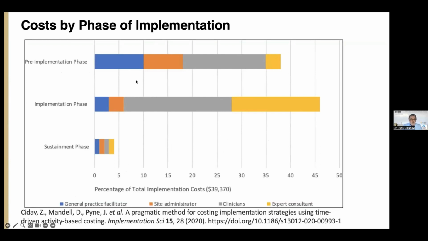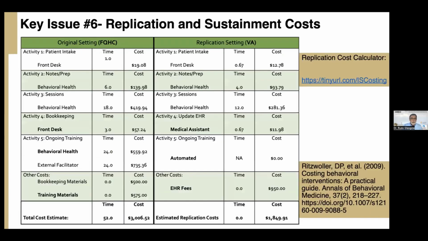The blue here is a practice facilitator. The orange is a site administrator there. The gray are different clinicians that are involved. And then the orange, I guess that's yellow, is the consultant that's involved, their time there.